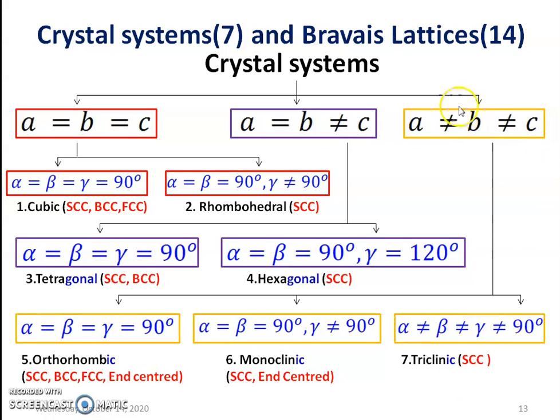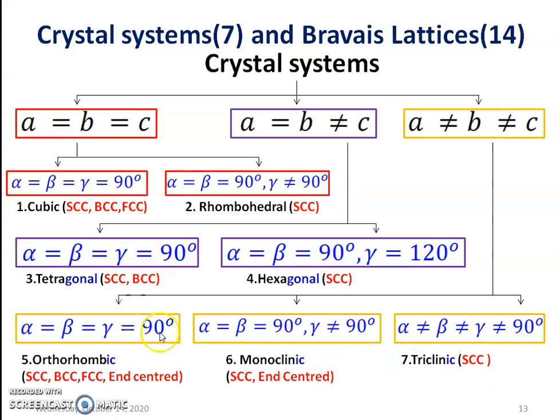And the third possibility for A is not equal to B is not equal to C is that all the angles may be different. The crystal system with all edges different and all angles different is called triclinic, and it has the only Bravais lattice, that is primitive.